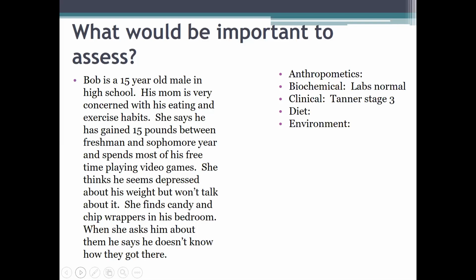So, in terms of the assessment, I mostly worked with Bob by himself. He was having some trust issues with his mother, mostly because his mom had recently gotten remarried and he didn't like his new stepdad. He barely spoke.